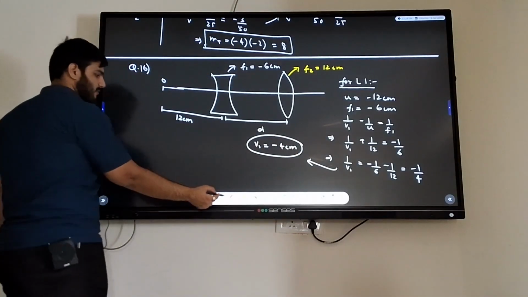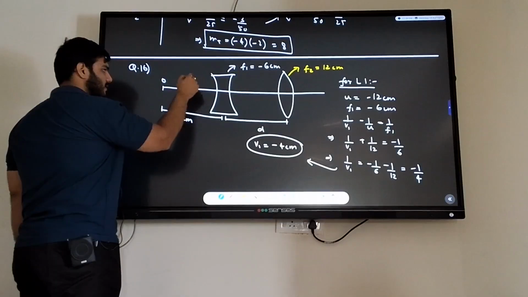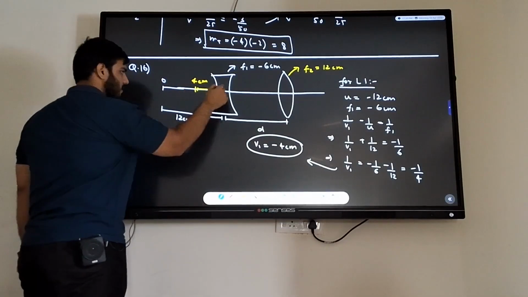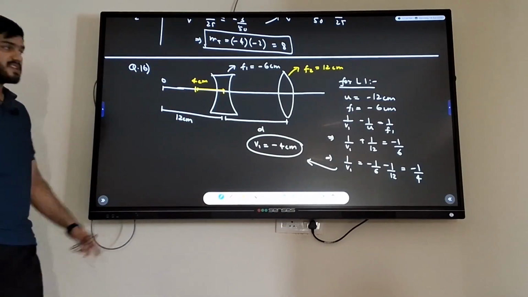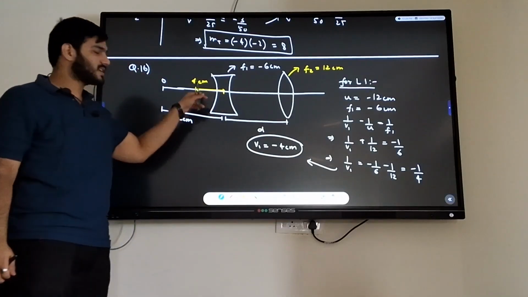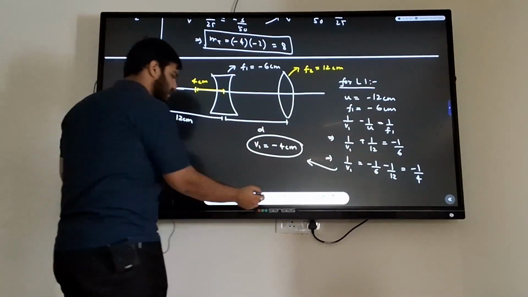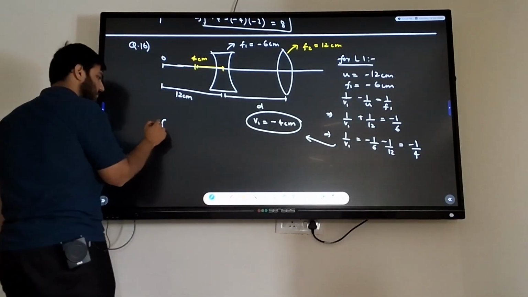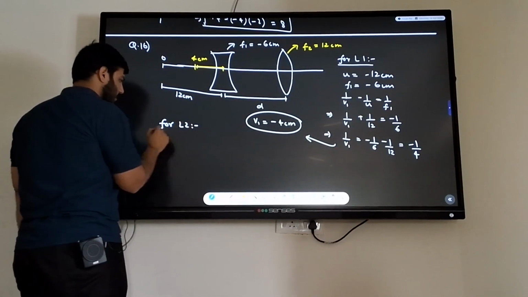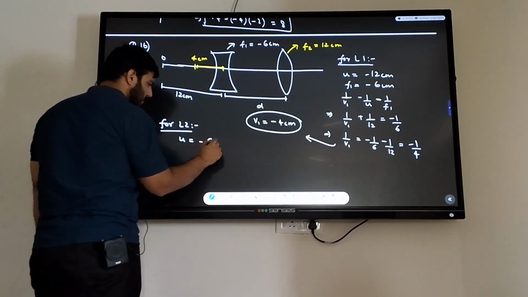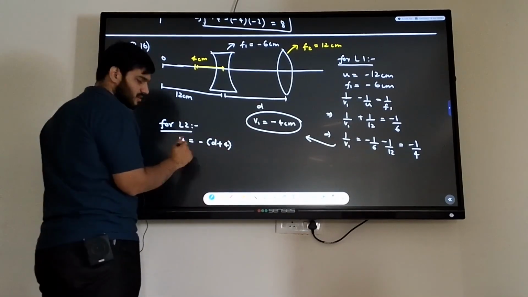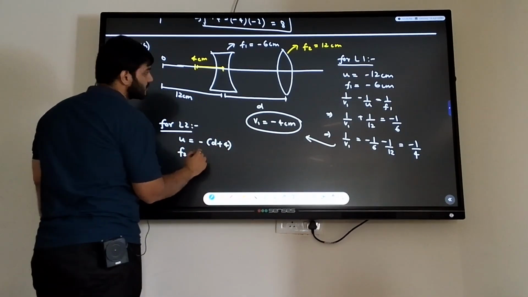Minus 4 centimeters meaning what? Somewhere here, no? Yes. Then with respect to the second lens, what is the object distance now? That's d plus 4. So for L2, u is equal to minus of d plus 4, am I correct? And then what is f2?